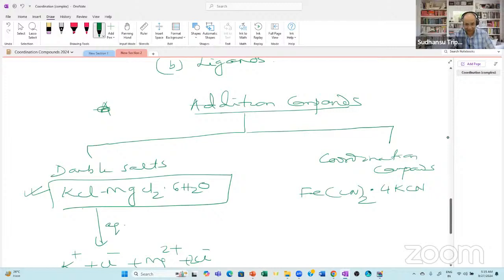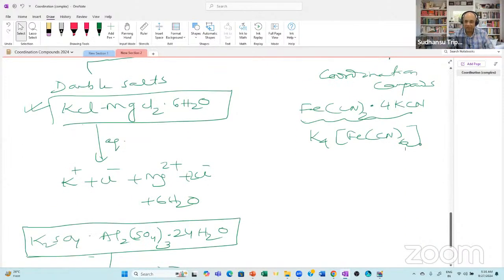We write like this: Fe(CN)2 dot 4 KCN, but actual formula is not this. That was the big surprise to Werner, who propounded this coordination compounds. It was K4[Fe(CN)6]. This square bracket is given as an honor to the unique ion called the complex ion.